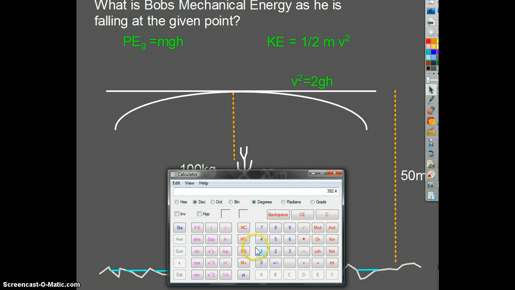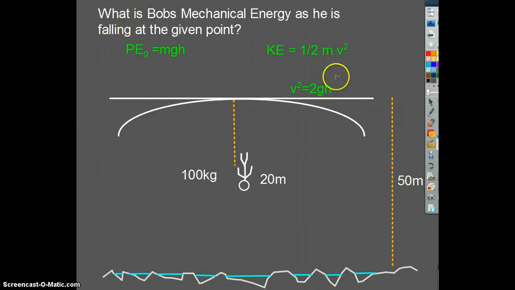I need to square root 392.4. So put that to the 0.5 power. And I got almost 20 meters per second, 19.8 meters per second. So let's jot that down here. 19.8 meters per second.